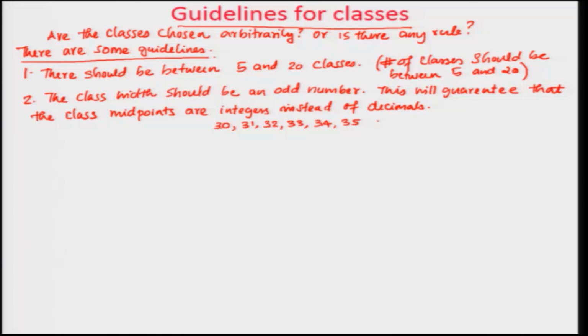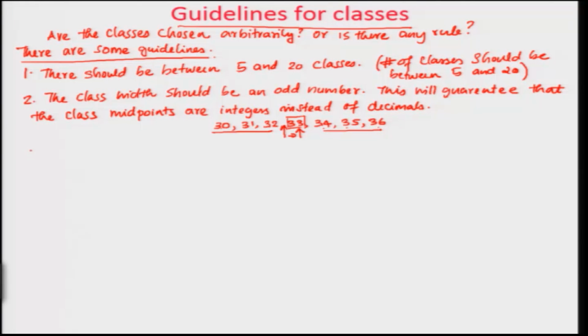If the class width is 6, the midpoint of this class is 32.5, so that it is equally on both sides. But if 36 is there, the class width is 7, then the midpoint will shift towards here. So now you have 1, 2, 3 equal width on both sides of the class. So, this is one way of looking at this.